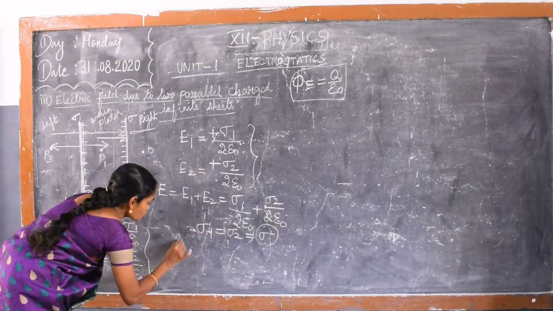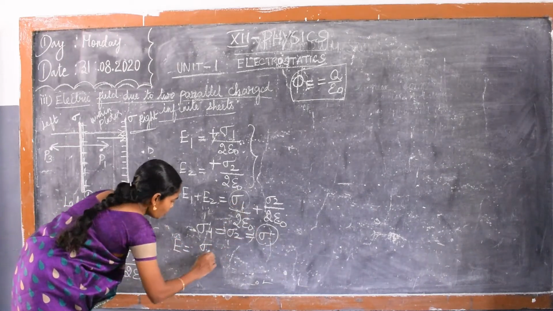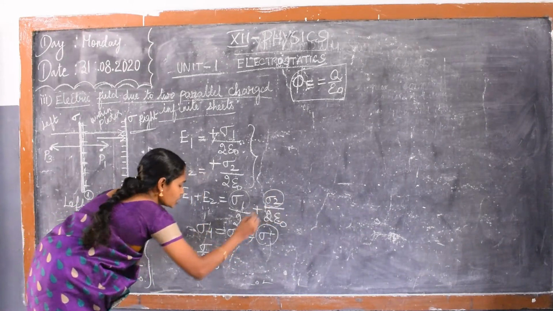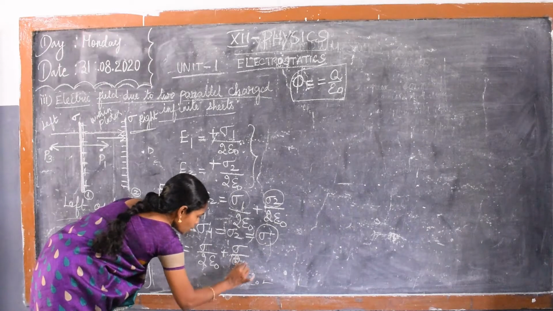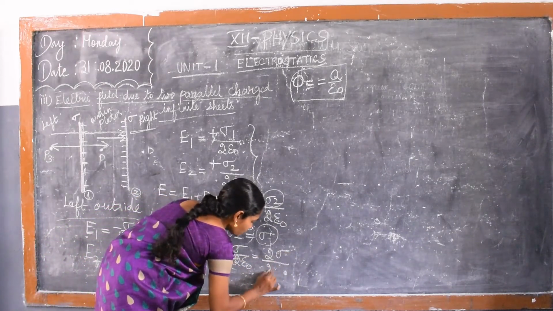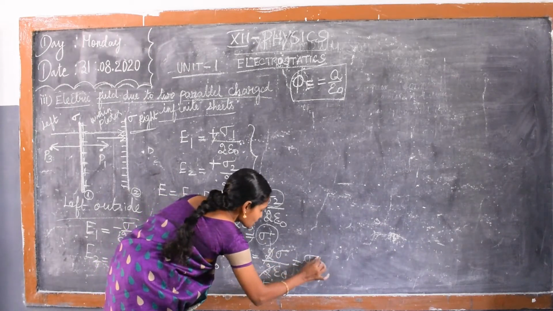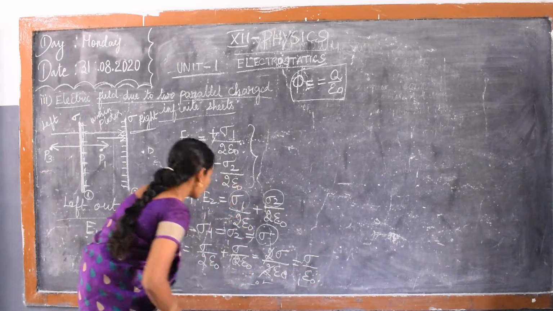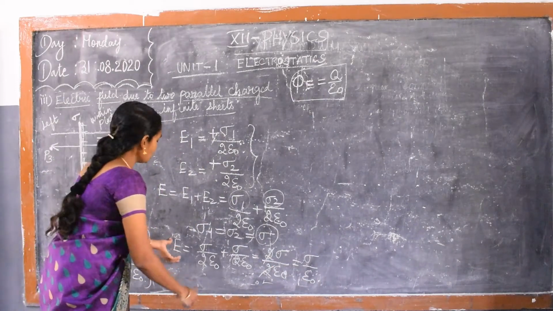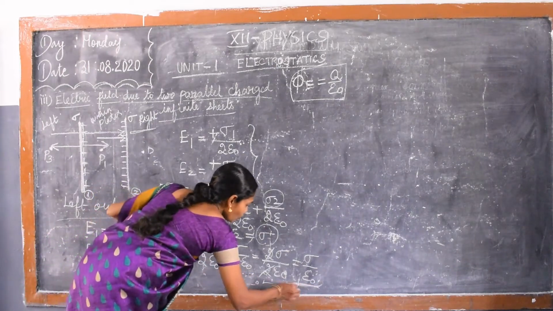So E is equal to sigma divided by 2 epsilon naught plus sigma divided by 2 epsilon naught. Adding these two terms, we get 2 sigma divided by 2 epsilon naught. The 2 gets cancelled, so the remaining is sigma divided by epsilon naught. So this is the electric field value, at the condition that the charge densities are same.